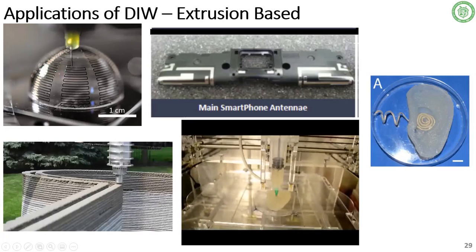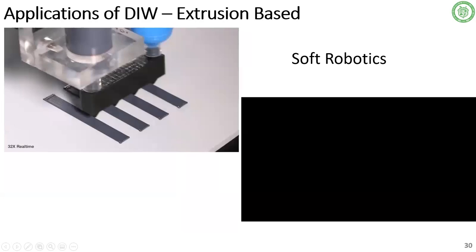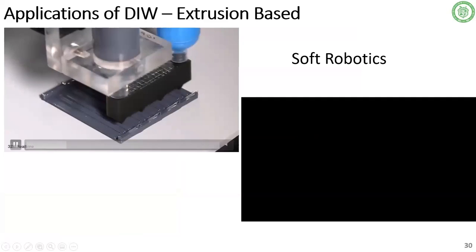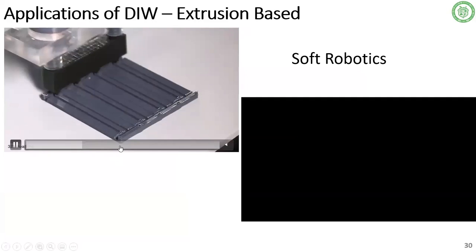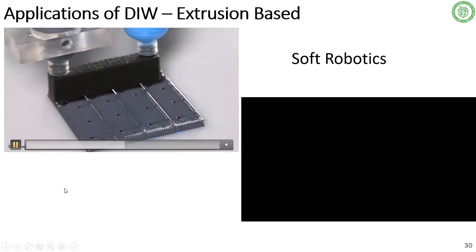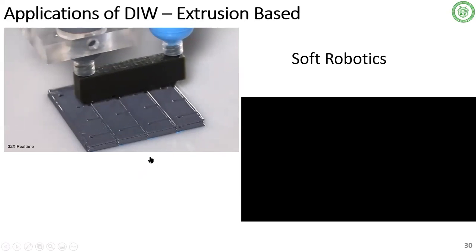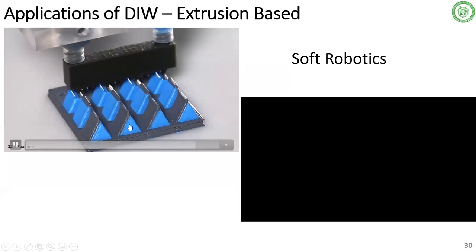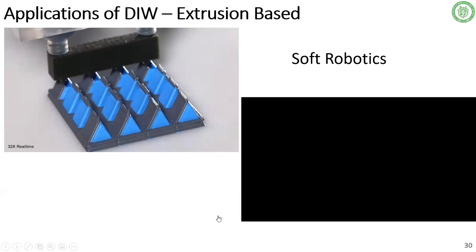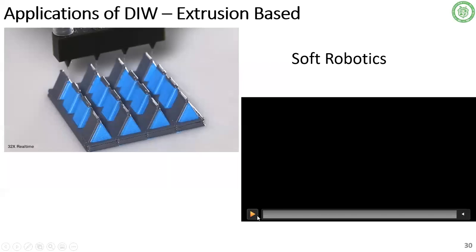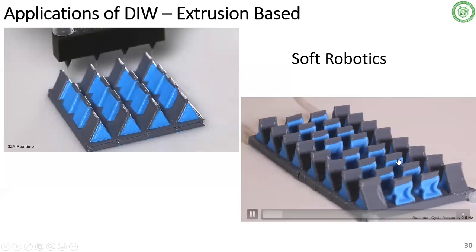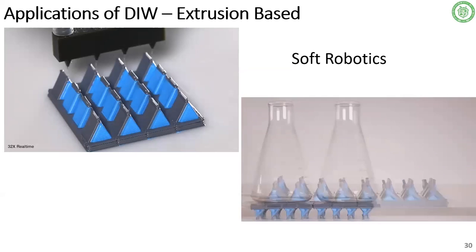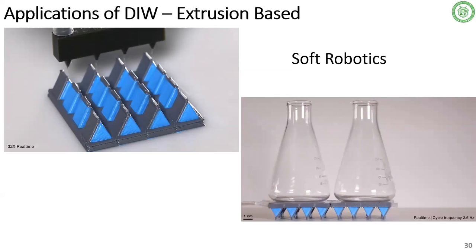Now, there is an interesting example of extrusion printing. This is from Harvard University, a multi-material extrusion printing. If I move forward, you see it's printing a 3D structure with two different materials, one rigid and one flexible. If you apply some air in a sequence, this printed structure can carry a load.